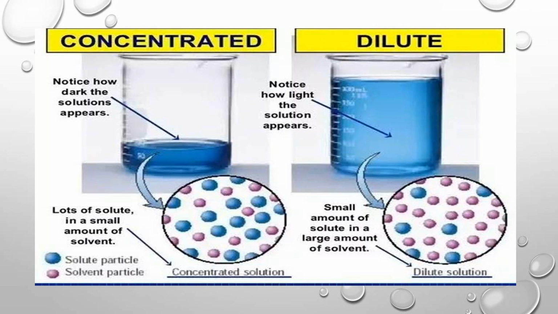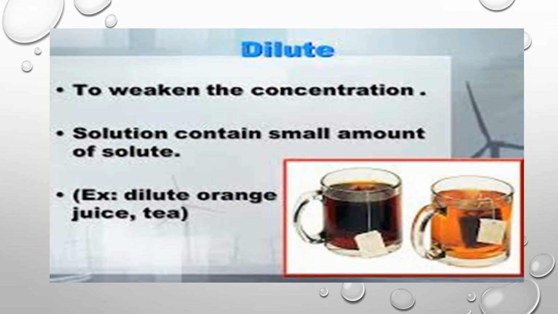The sweeter tea contains a higher amount of sugar than the other. We can say that it is stronger. But in chemistry we use the word concentrated. So now we are going to learn what is meant by dilute solution and what is meant by concentrated solution.